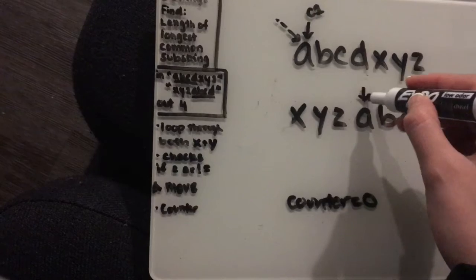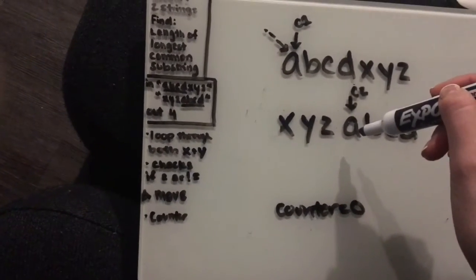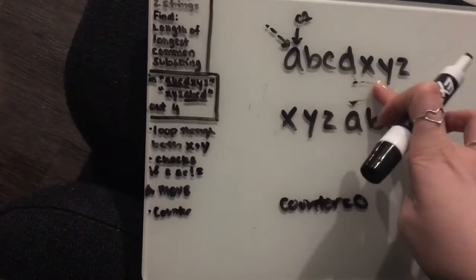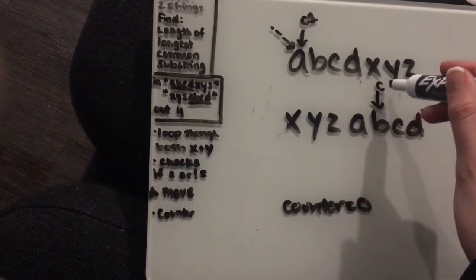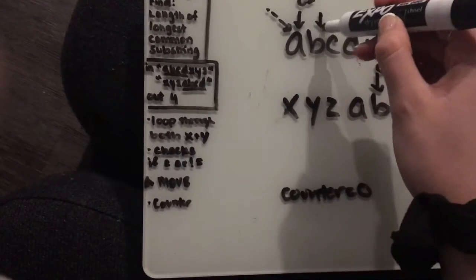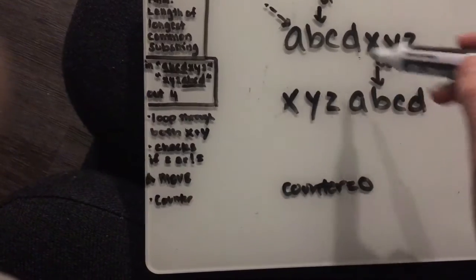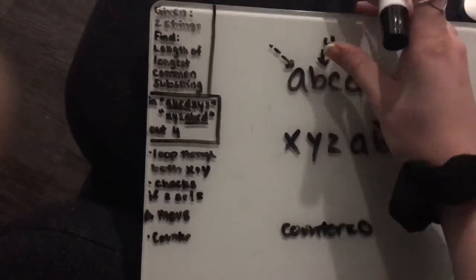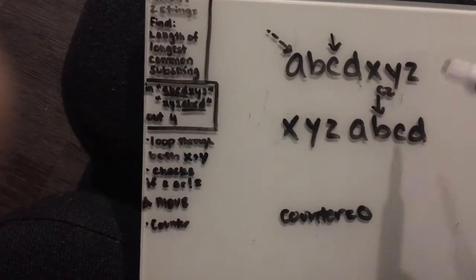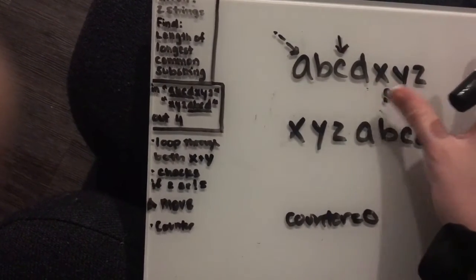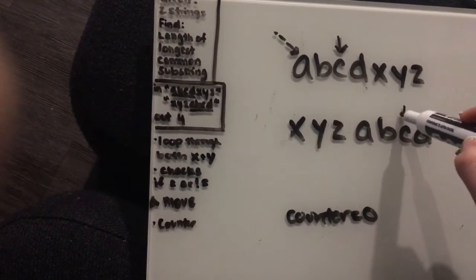Let's say we've made it all the way to here. Are these the same? Yes. So we're going to move this here. This one will move here. Are these the same? Yes. And again, same.